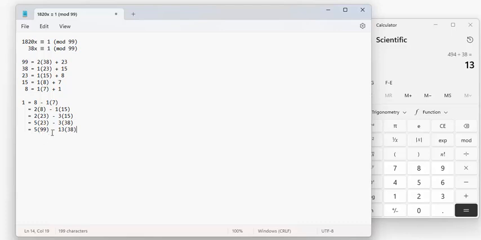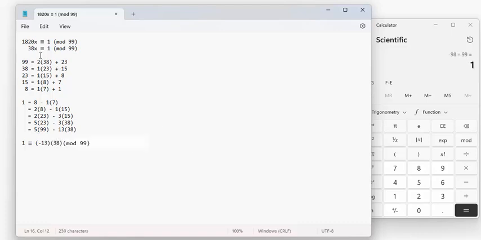See, 99 and 38. So we go back to mod 99. We get 1 congruent to, this part is 0, mod 99 applied to 5 multiplied by 99. The mod is definitely 0. So it is negative 13 multiplied by 38.